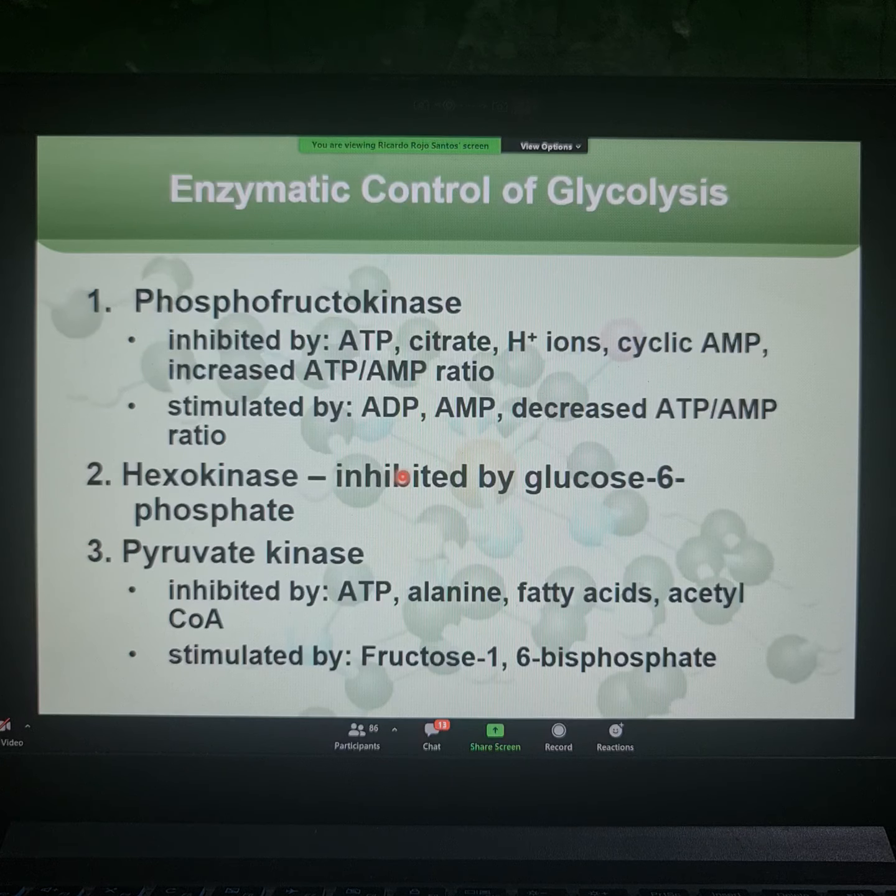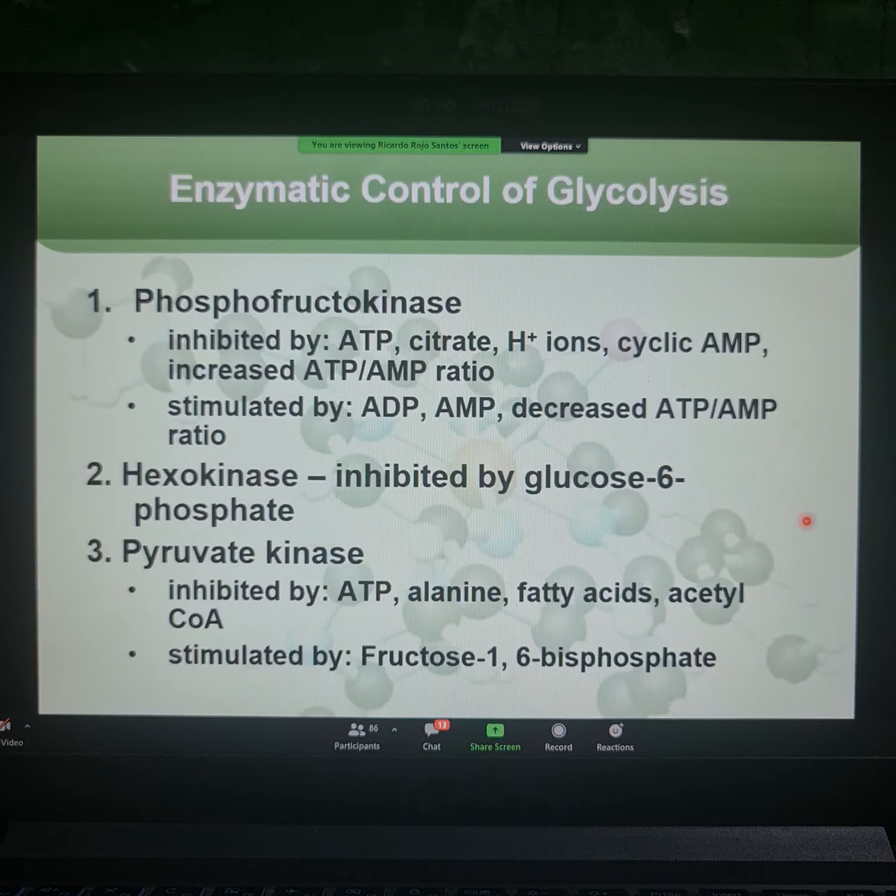So let us finish this. Enzymatic control of glycolysis, phosphofructokinase. Remember this, okay? This is what is quite difficult for many students. But the general rule is this. When the cell is already fully charged with energy, you inhibit glycolysis.